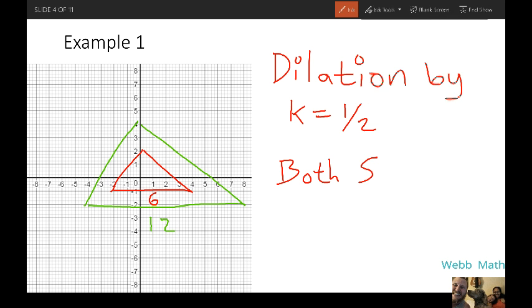In fact, let me be thorough about this: both the red triangle and the green triangle are similar.